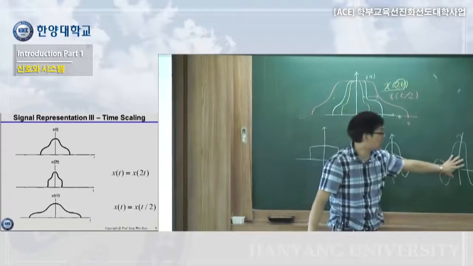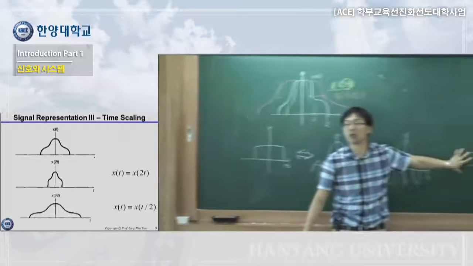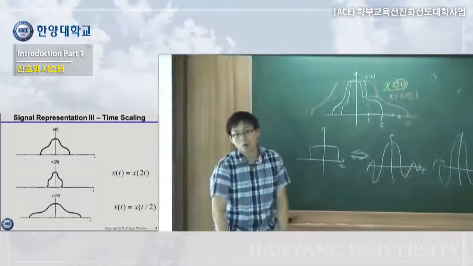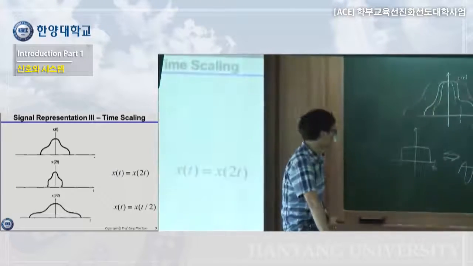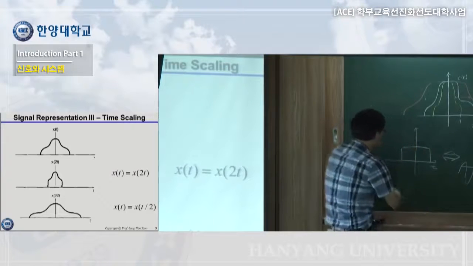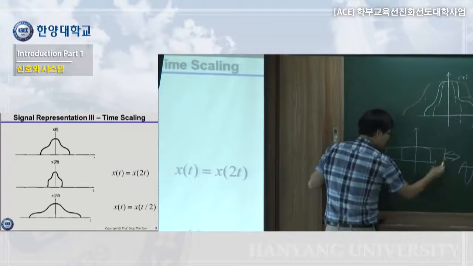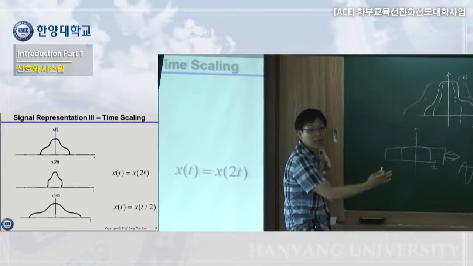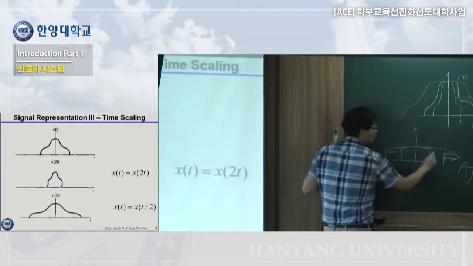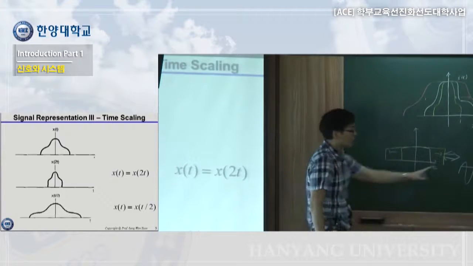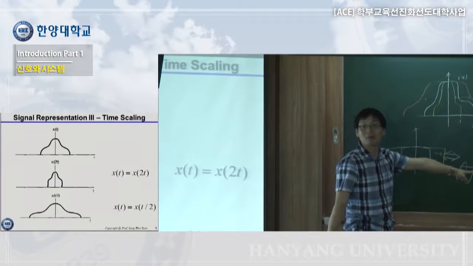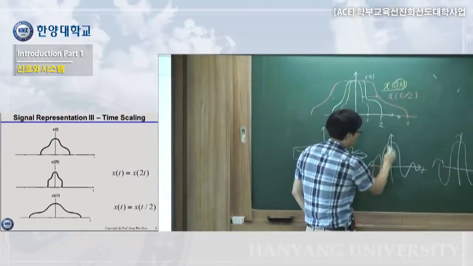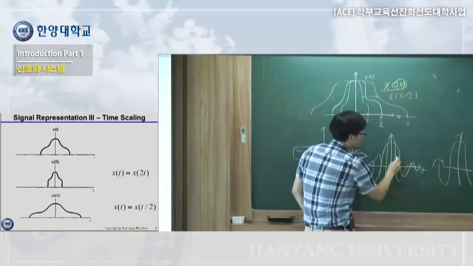If you have a sinc function in time domain, you will have a rectangular function in frequency domain. But one major difference exists here. If you try to extend the signal by time scaling, the frequency side goes the opposite way. It will shrink down.